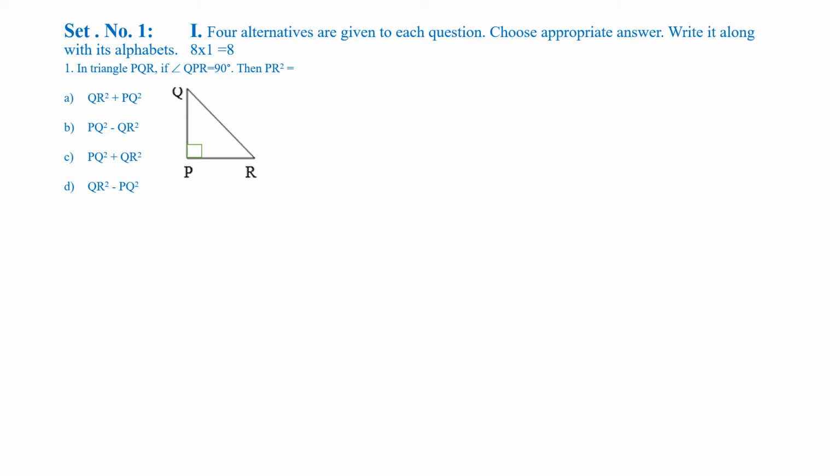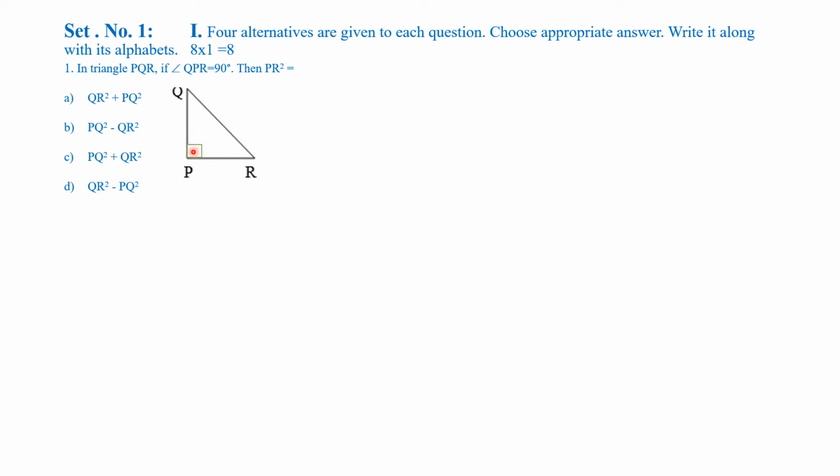Option B, option C, PQ square plus QR square. Option D, QR square minus PQ square. These are the 4 options. And a triangle diagram is also given. And angle QPR is 90 degrees.